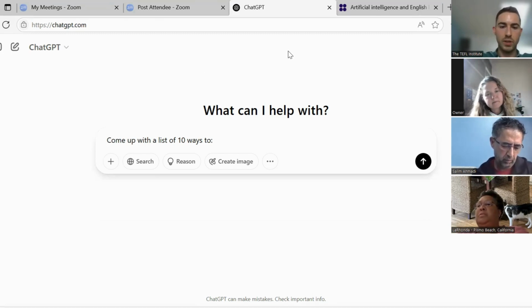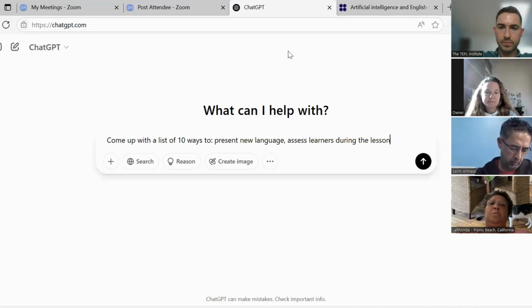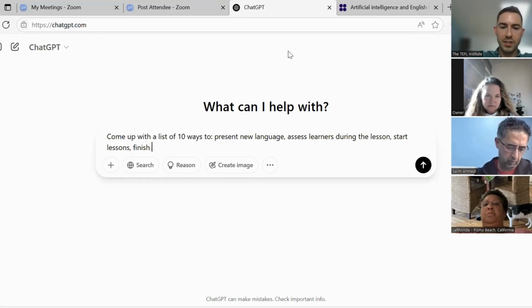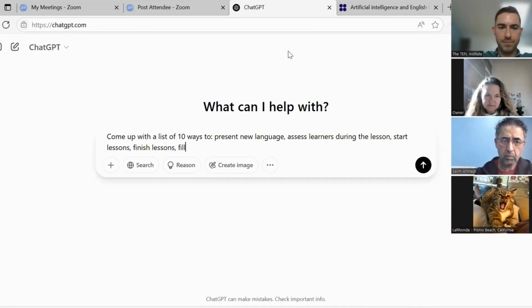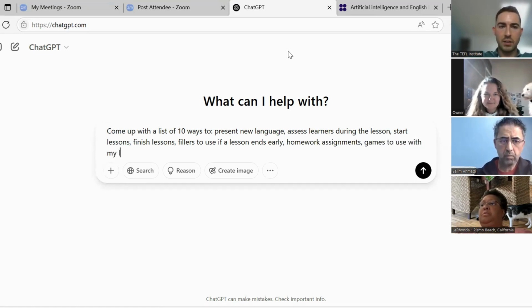So 10 ways to present new language, assess learners during the lesson, start lessons, finish lessons, fillers to use if a lesson ends early, homework assignments, games to use with my learners.